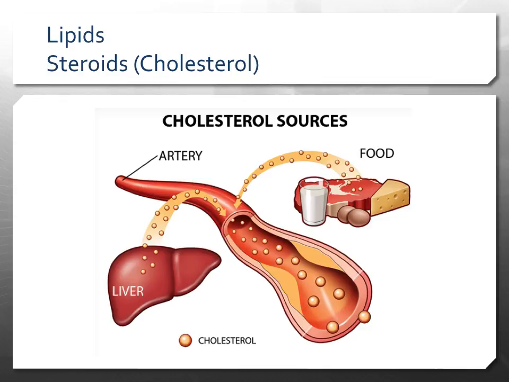And where do we get cholesterol? Cholesterol is produced mainly by our cells, but extra cholesterol is coming from our food. When we eat eggs, milk, steak, pork, cheeses, all those foods contain cholesterol. As you see from the picture, cholesterol also comes from our liver. It's naturally made in our liver.